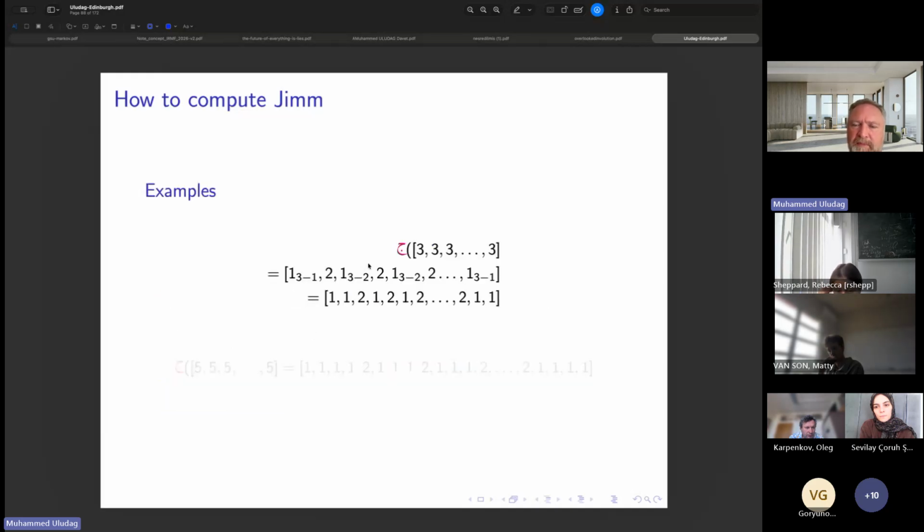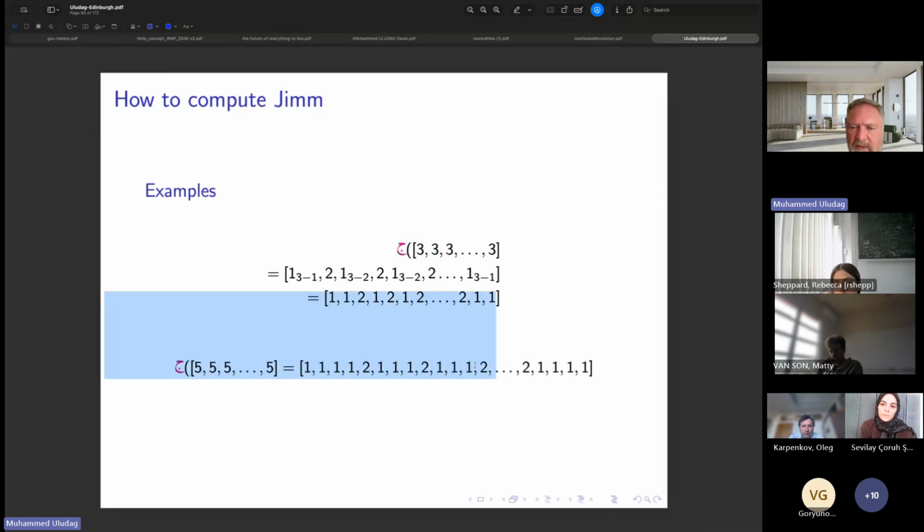For example, if I apply those rules to this continued fraction, this gives me 1 3 sub 3 minus 1, 2, 1 sub 3 minus 2, etc. And in the end, I have also 1 sub 3 minus 1. So this is the image of this continued fraction. If I apply the same rules to this continued fraction, well, I have this number.